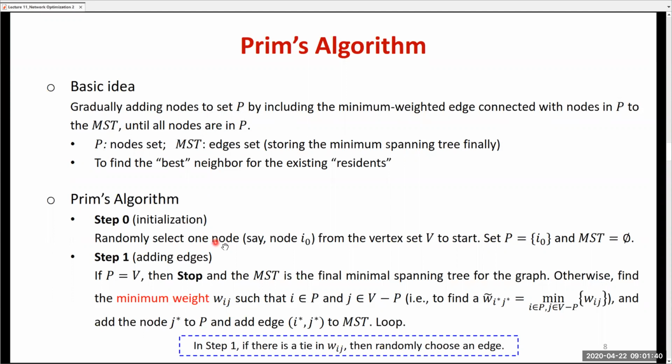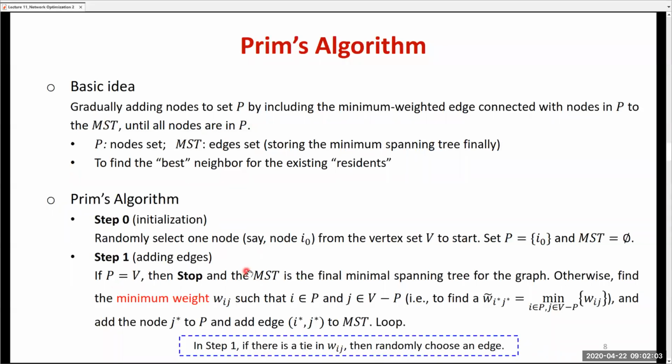First, we randomly select one node to start. And then we find the minimum weight edge such that one node is in the P set and the other node is in the V minus P set. We repeat it until all nodes are added to P.